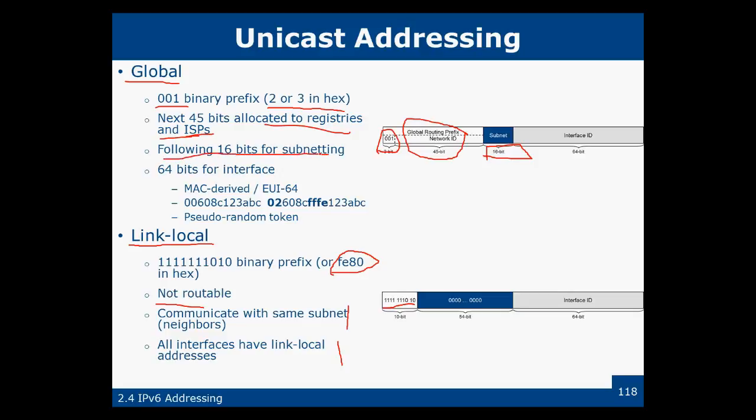The following 16 bits are for subnetting, and when we start using IPv6, instead of having the one IP address that we have now in IPv4, and we use PAT on our home routers, we'll have a whole bunch of addresses to be assigned within our network. There is no NAT in IPv6.